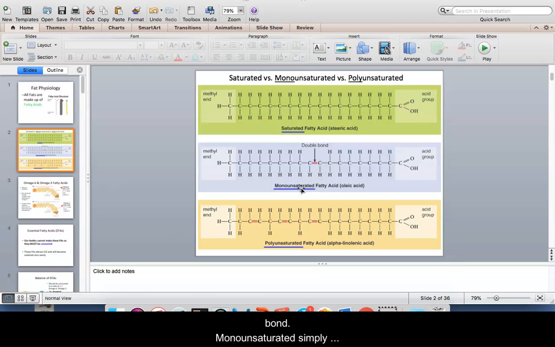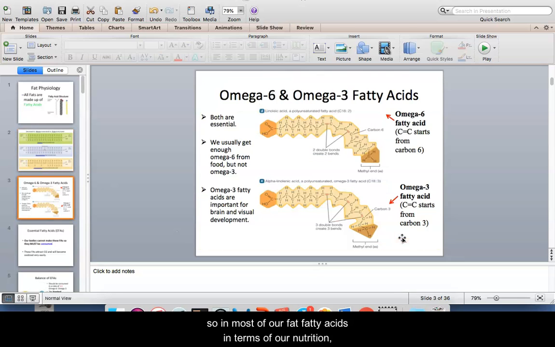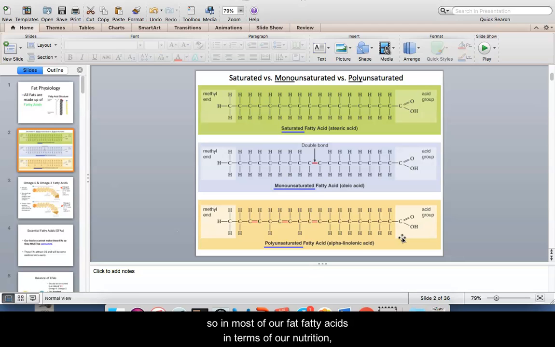So monounsaturated simply means there's only one double bond. Polyunsaturated means there's more than one. So in most of our fatty acids, in terms of our nutrition, polyunsaturated fats are either 2 or 3 double bonds.